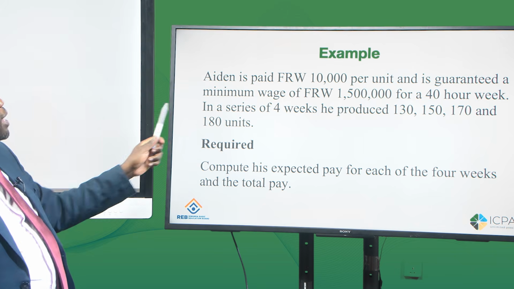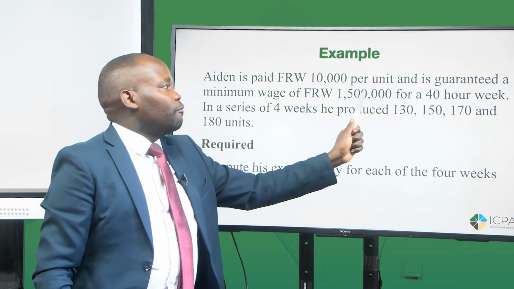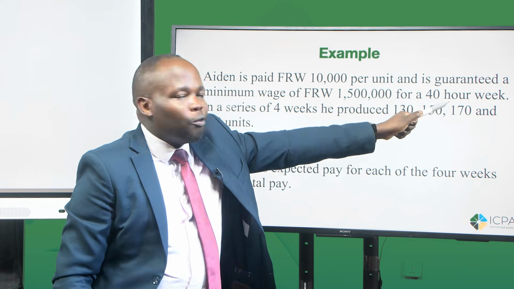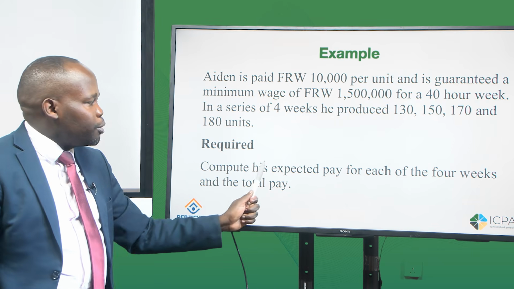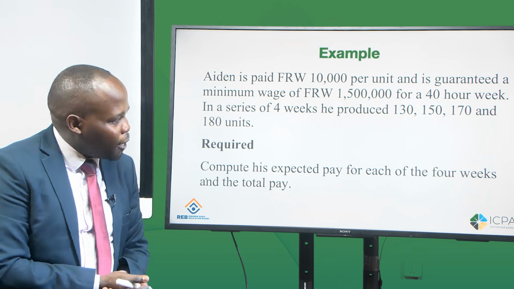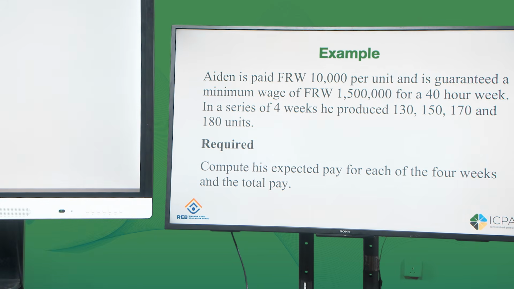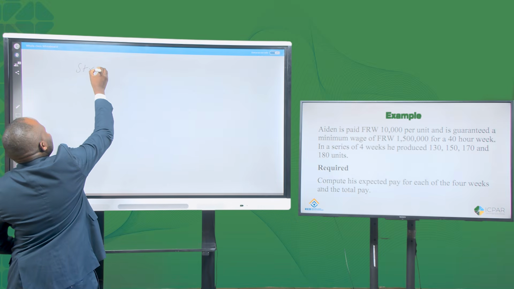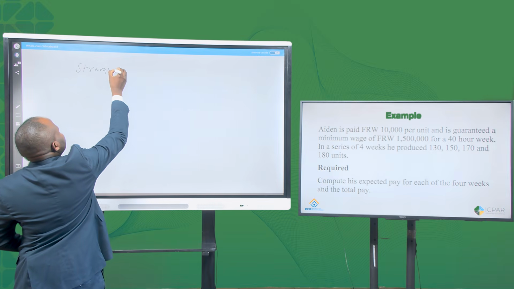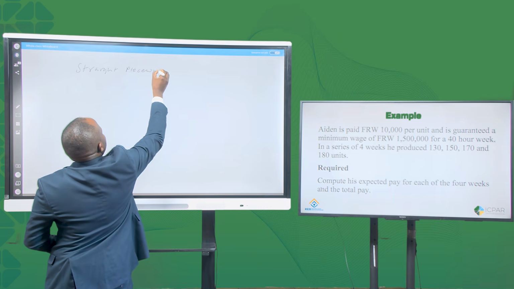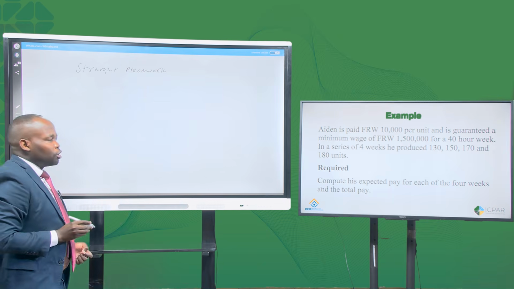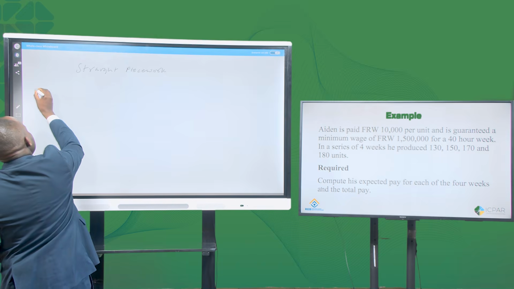But remember, there is a minimum wage of 1.5 million per week. Required: compute his expected pay for each of the 4 weeks. Remember, we are looking at straight piecework.